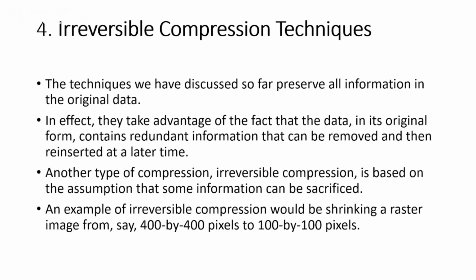Now the next technique we have is irreversible compression. For example, if you open your image in Paint and reduce the size, say you have 400 by 400 pixels and you reduce it to 100 by 100, and then save, close, and open it again, the image will be very small.